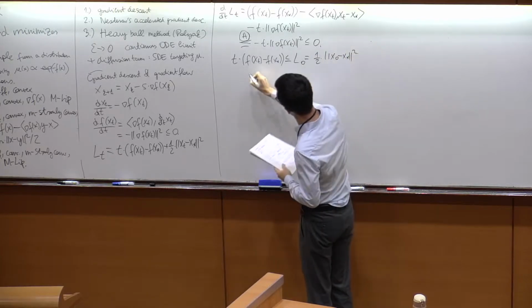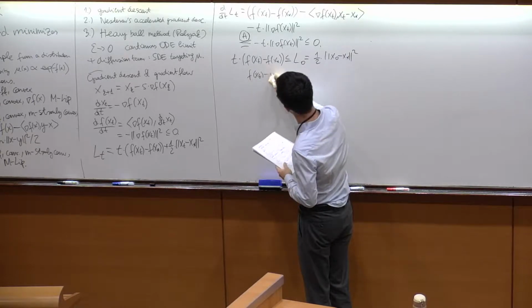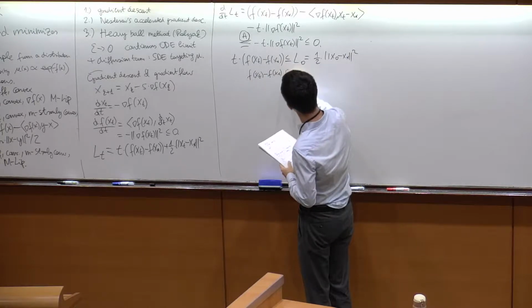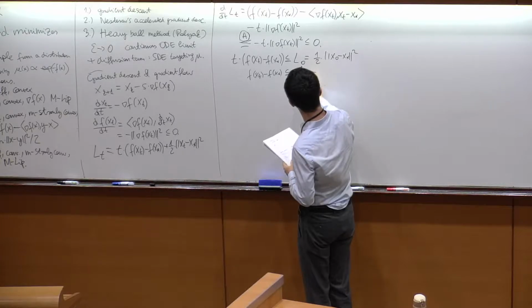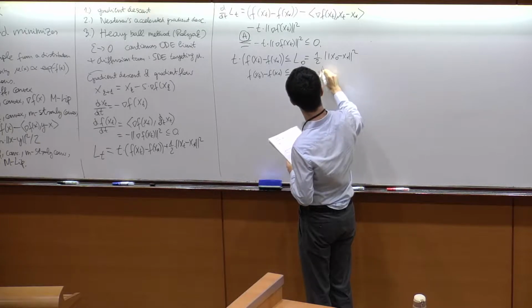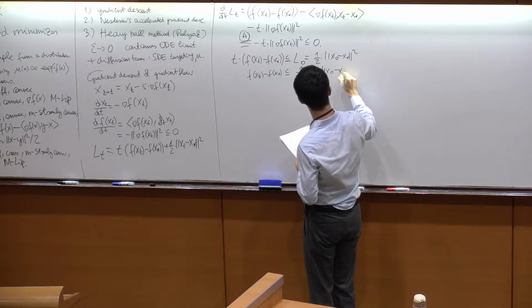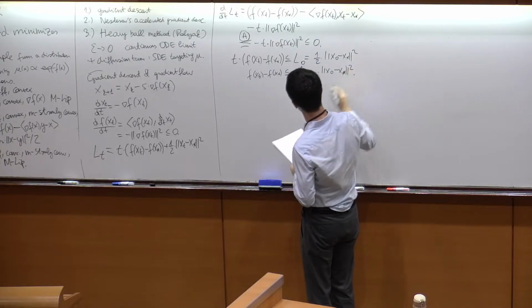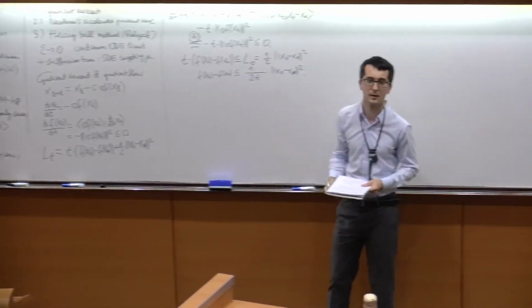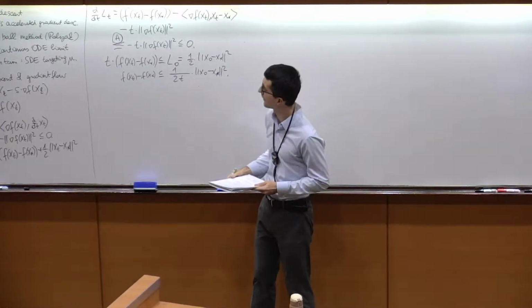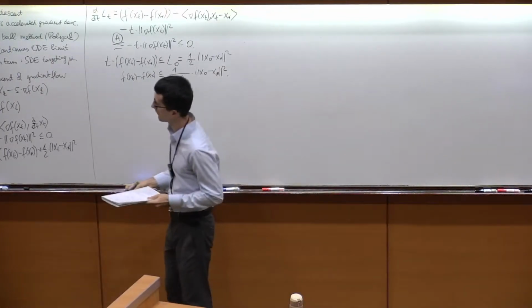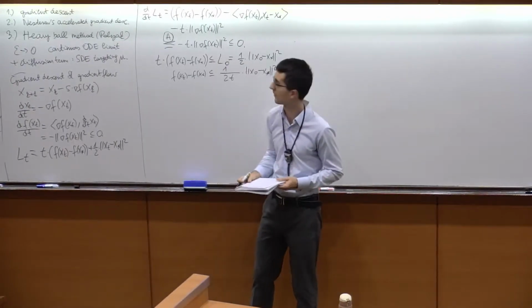So you have f(x_t) minus f(x star) less than or equal to 1/(2t) times the squared norm of x_0 minus x star. So you get order 1/t convergence under only continuous differentiability and convexity assumptions.